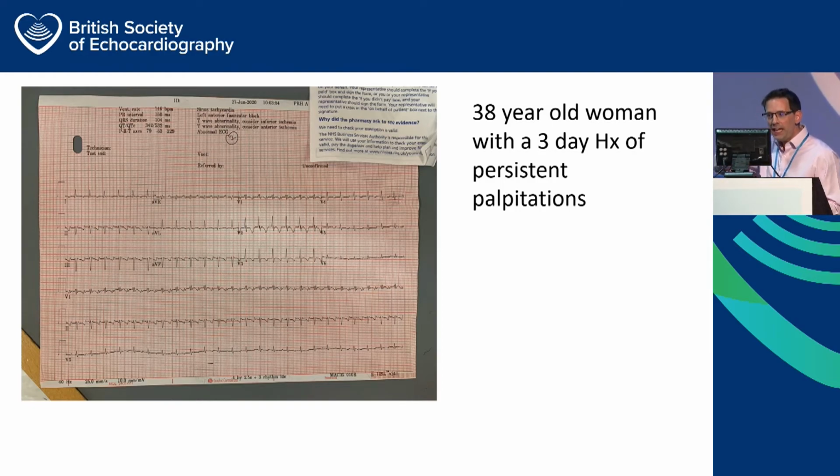And the absolute key for this lady was the fact that she said, my heart rate has been at this level, which was about 140 beats a minute, so not really pocketing into our atrial flutter SVT kind of range. It's been at that rate constantly. And we had her on a monitor in A&E, and it just stayed at that level.